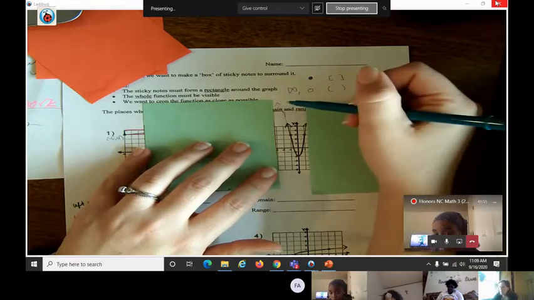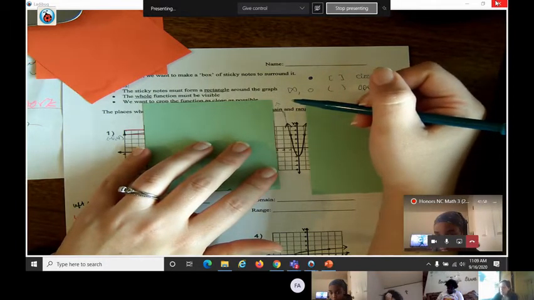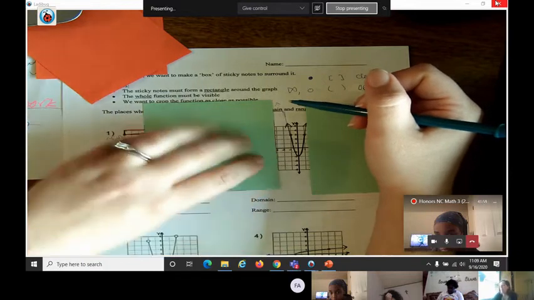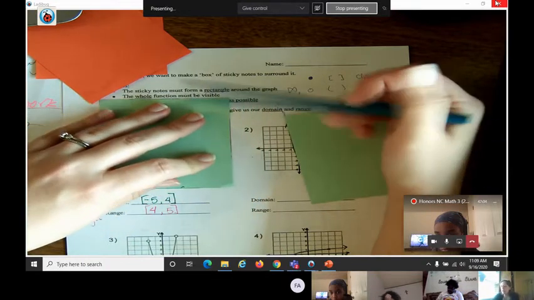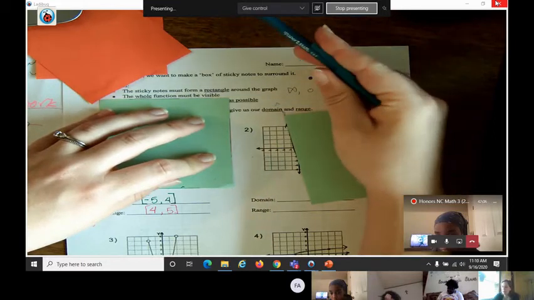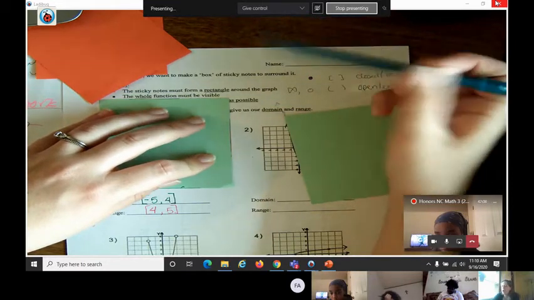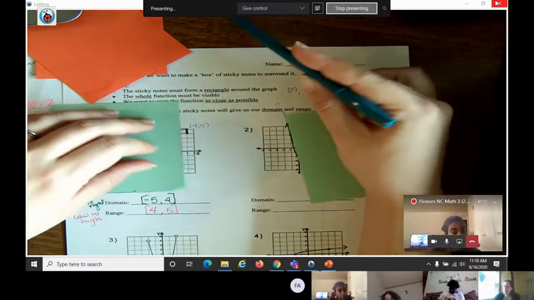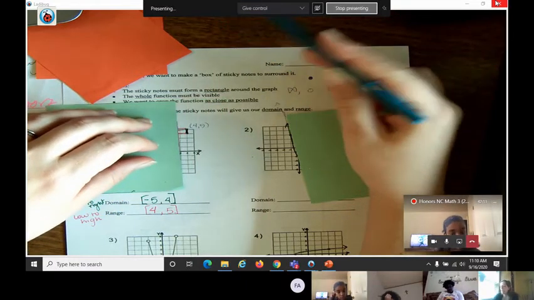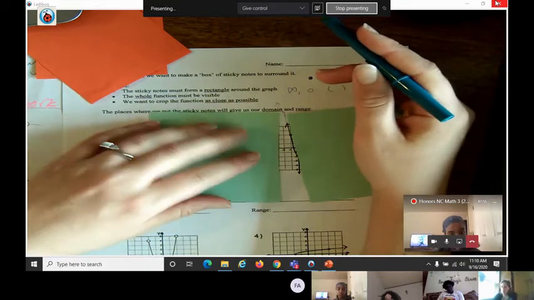It just happens to be part of the graph that I can't see. So in reality, I have to keep moving my green card back and back and back, because we imagine my green card extends all the way up to infinity. But no matter how far back I move it, I'm always going to catch up with my function. So I can't have a green card on the left. So I'm just going to throw it away.